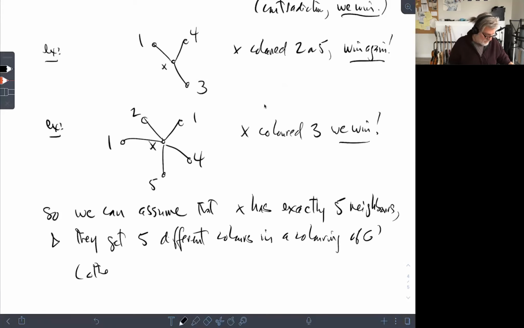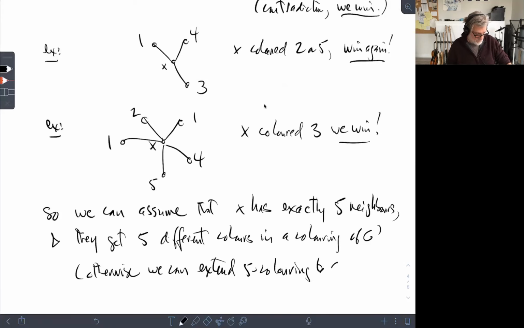Otherwise, we can extend the 5 coloring to G. Is that okay for everybody?